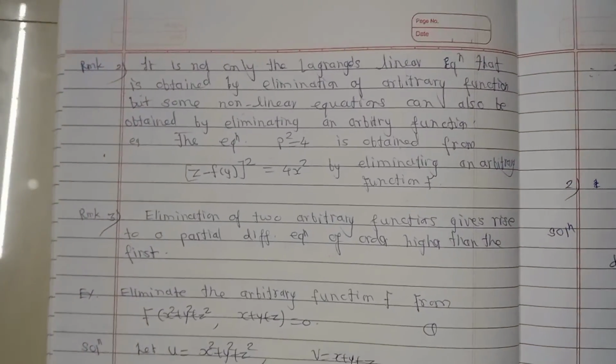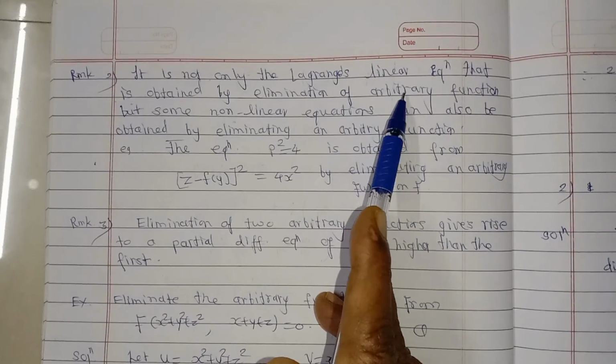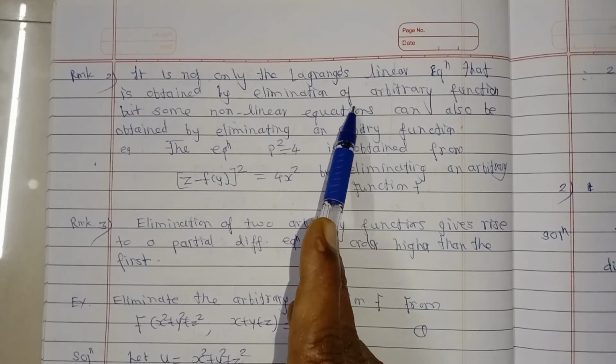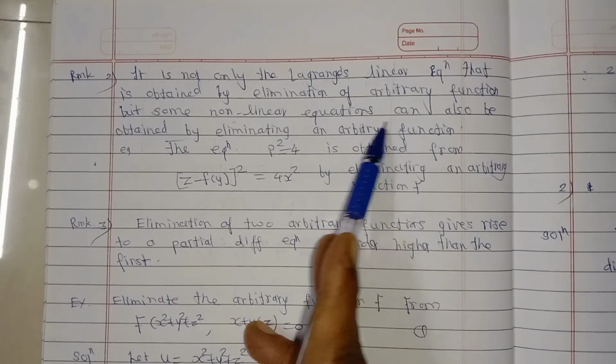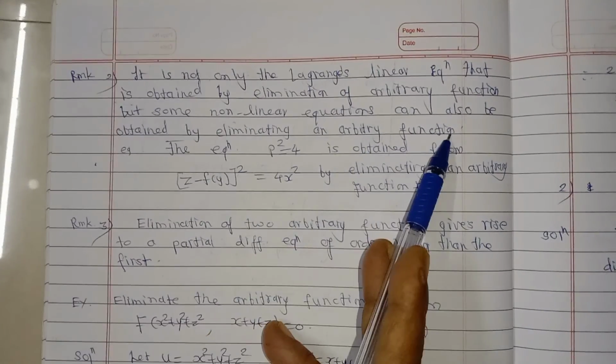Second remark is, it is not only the Lagrange's linear equation that is obtained by elimination of arbitrary function, but some non-linear equations can also be obtained by elimination of arbitrary function.